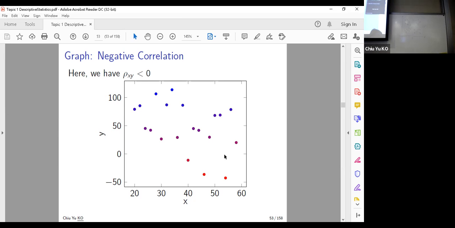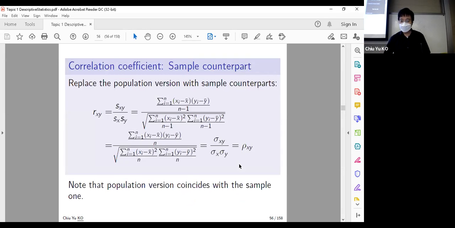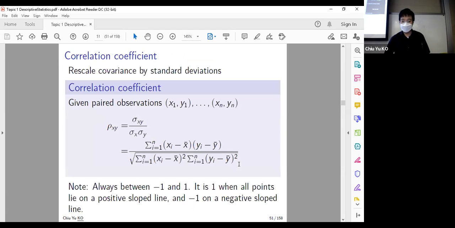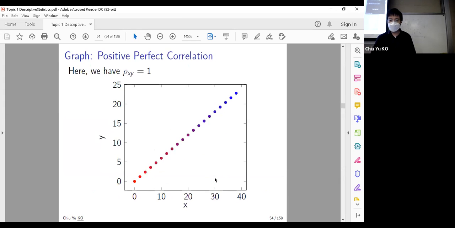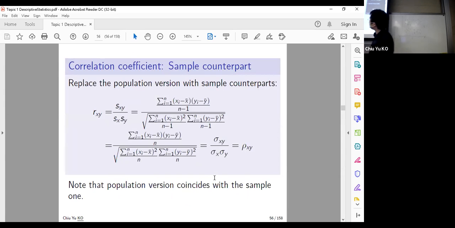You may ask, I don't see the sample counterpart here. The reason is that the sample counterpart is the same thing. If you replace everything by sample, you have over n minus 1 in both numerator and denominator, same as over n, because they all cancel out.